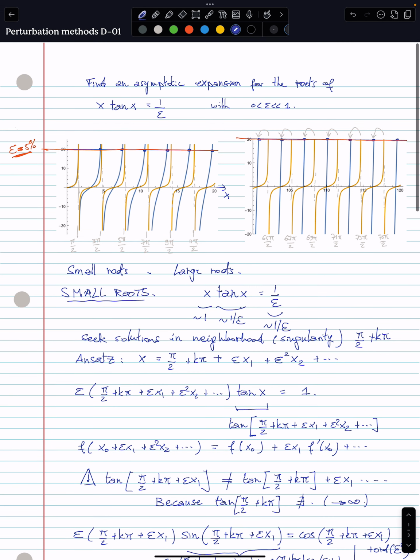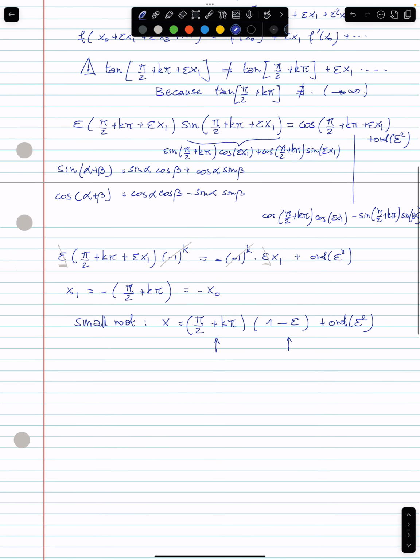And that's what we observe here. The order of magnitude of this shift to the left of the root is something that we could determine. And the quantity by which this is shifted is exactly equal to epsilon times x1. Okay, in absolute value, it's a shift to the left. This is pi over 2 plus k pi multiplied by epsilon.